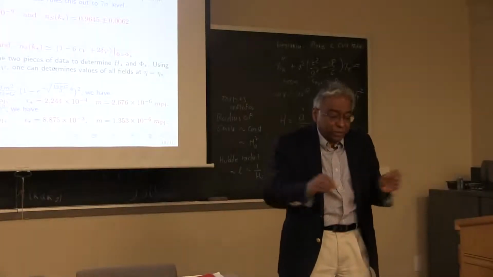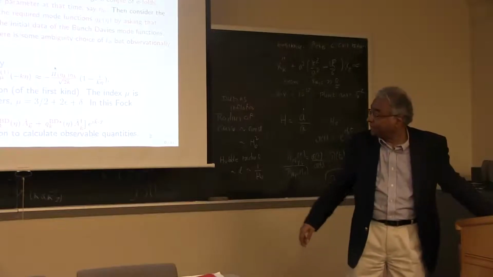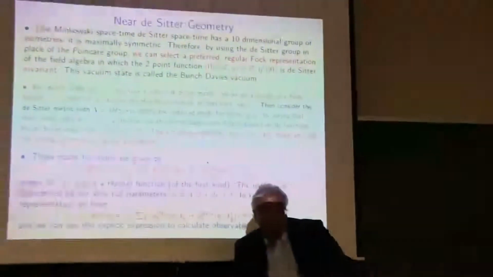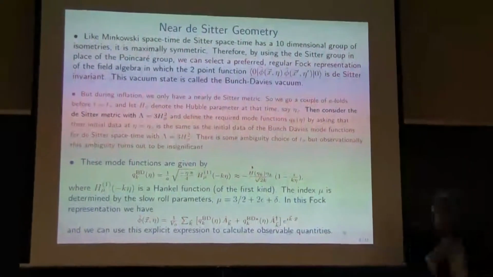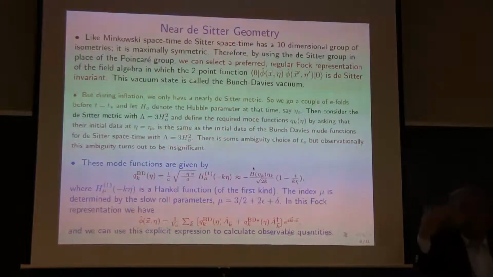In the Heisenberg picture, these operators evolve by the formula that we already had. By this formula, with the eta dependence up here, this operator evolves, and therefore the 2-point function changes in time. And from the 2-point function, you can calculate the power.